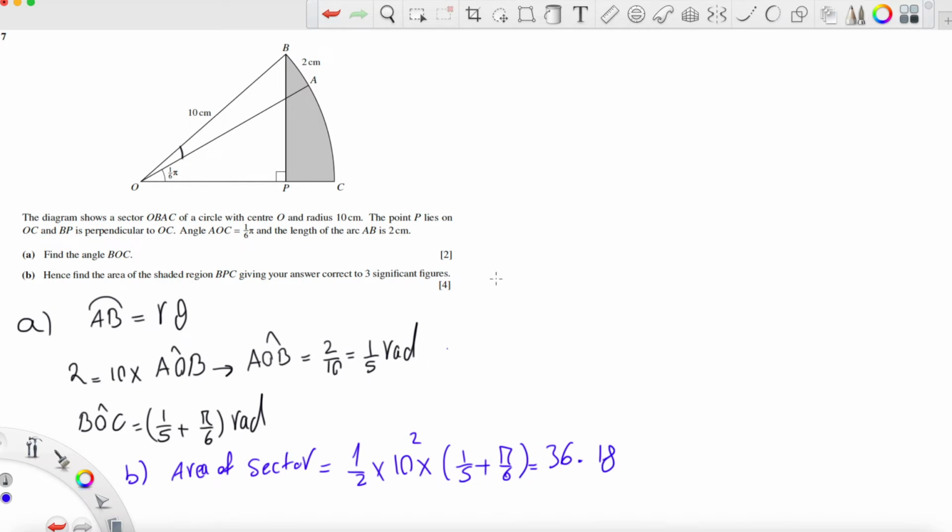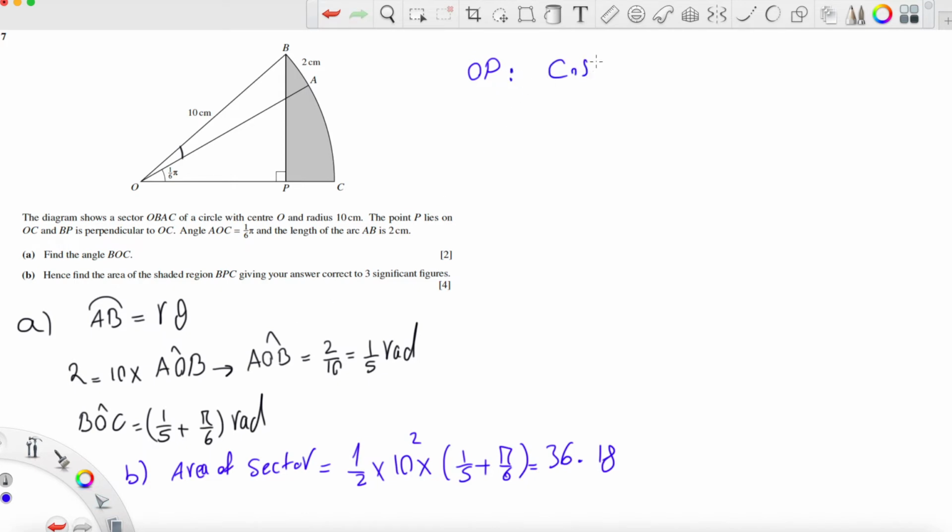36.18 centimeters squared. Now, in order to find the area of the triangle OBP, we need to find side OP first. To find side OP, I use the cosine of this angle.